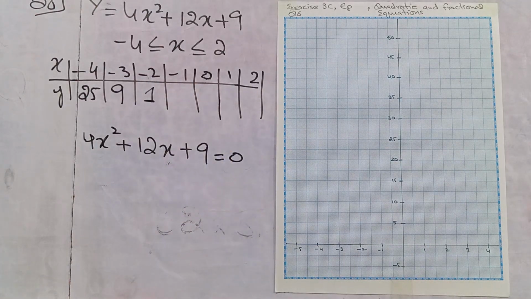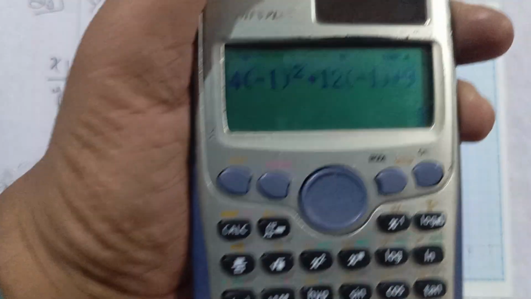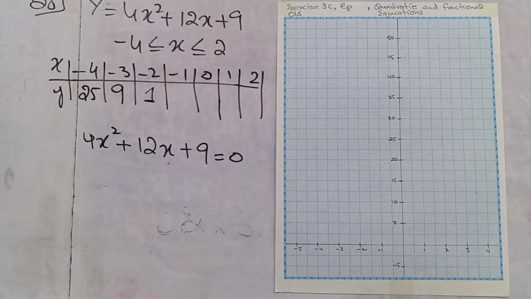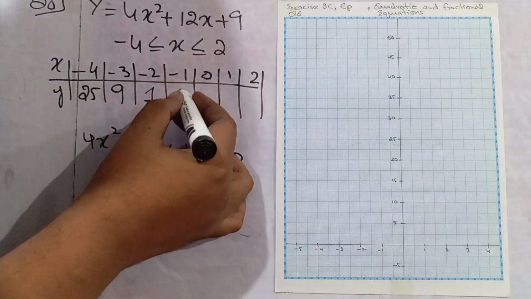Then 4 bracket minus 1 bracket square plus 12 bracket minus 1 bracket plus 9 equals, and that gives you again 1.